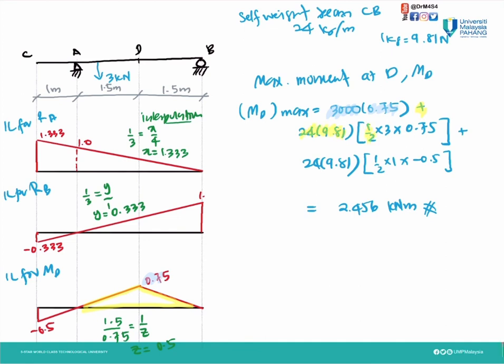The area for that is half times the length, which is 3 meters, 1.5 plus 1.5, times the height of 0.75. Then plus the area of this small triangle. So 24 times 9.81 times the area of that one, which is half times the length times negative 0.5. Solve that and we get our moment is 2.456 kN meter.